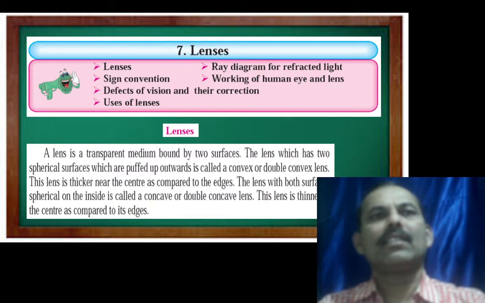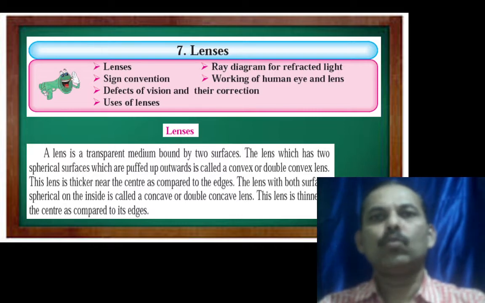This lens is thicker near the center as compared to the edges. The lens with both surfaces spherical on the inside is called a concave or double concave lens. This lens is thinner at the center as compared to its edges.